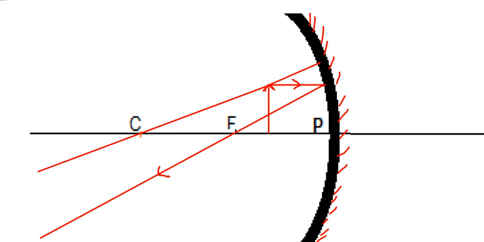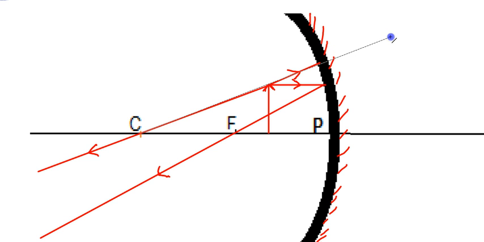So there is no possibility of these 2 rays meeting anywhere because they are moving away from each other. This ray of light after reflection is coming back on the same path. But these 2 rays of light will look as if meeting somewhere beyond this mirror.